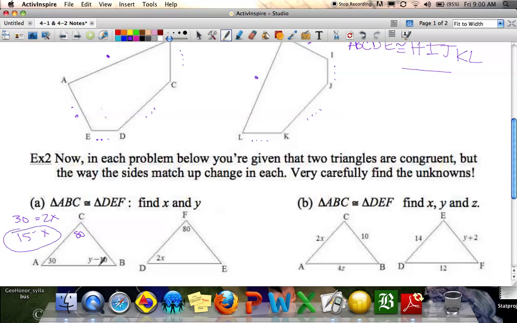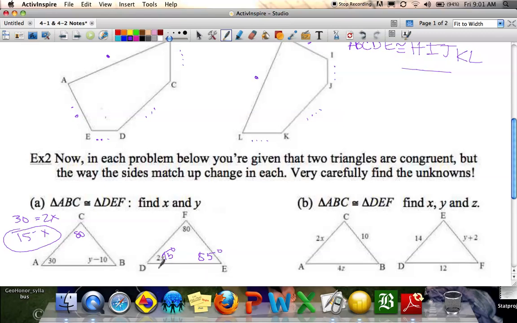Angle Y matches up with E, but we don't seem to have enough info. But yes, we do. We know that this is 15 degrees, and 80 plus 15 is 95. So this has to be 85 degrees, right?